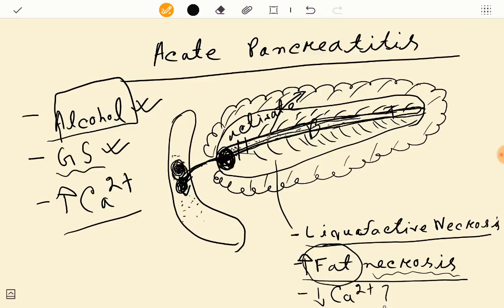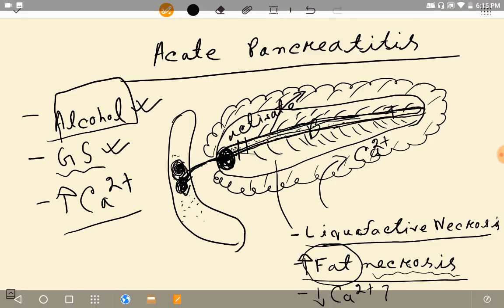Why is there a decreased calcium level in severe acute pancreatitis? Because, as I told you, fat necrosis actually consumes the calcium. Necrotizing fat necrosis consumes all the serum calcium into itself. So there will be less calcium in the serum.